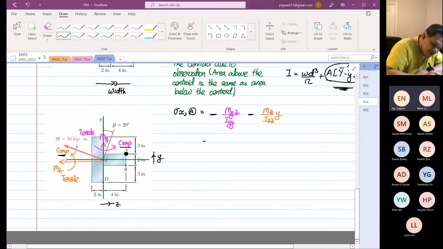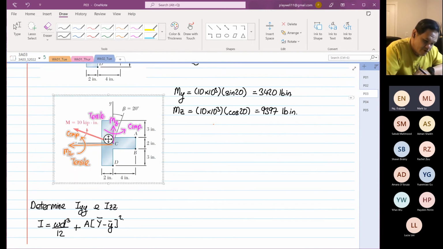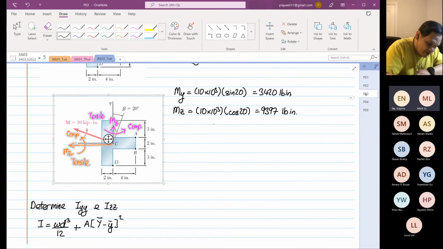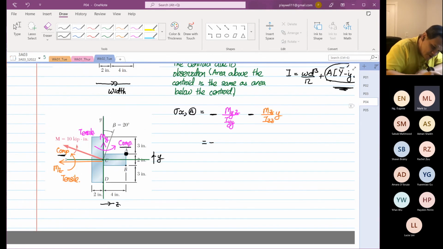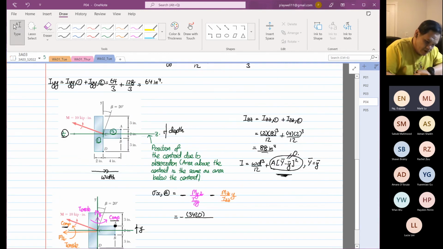Now we're going to plug in the formula. This is the easy part. So now Mz, so it's minus Mz. I forget what is our Mz. Mz is equal to 9397. So we're going to do My first, 3420, divided by Iyy. Iyy we calculated to be 64.